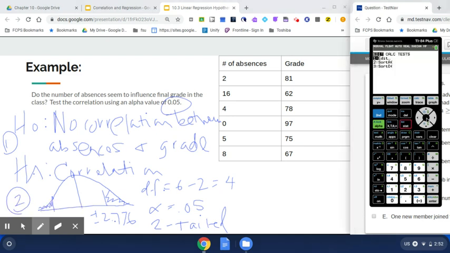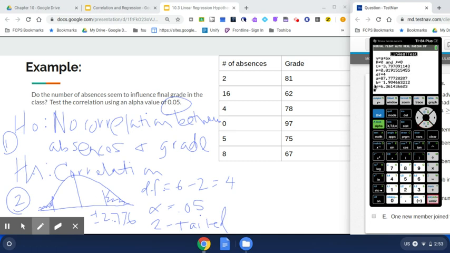I'm going to go to Stat, over to Tests, and select the LinRegTTest, which is letter F in my calculator. The X list is list 1, the Y list is list 2. We're going to keep that frequency at 1. We select the not equal to case. We could store the regression equation. I went over how to do that in the last video. That is optional. You can leave that blank if you do not want to store the regression equation in your Y1. And then click Calculate.